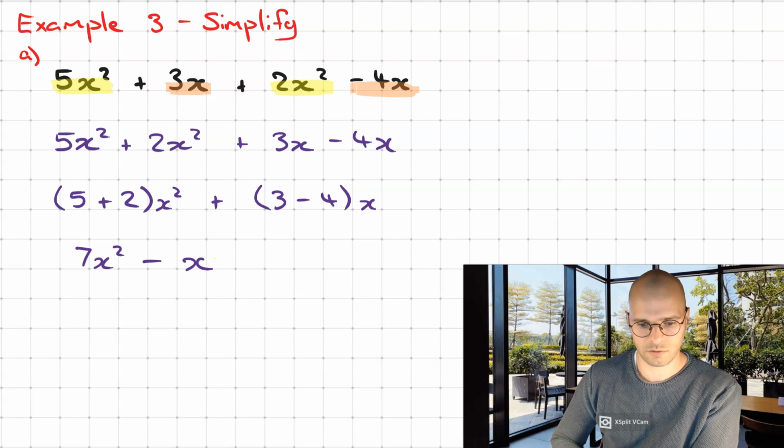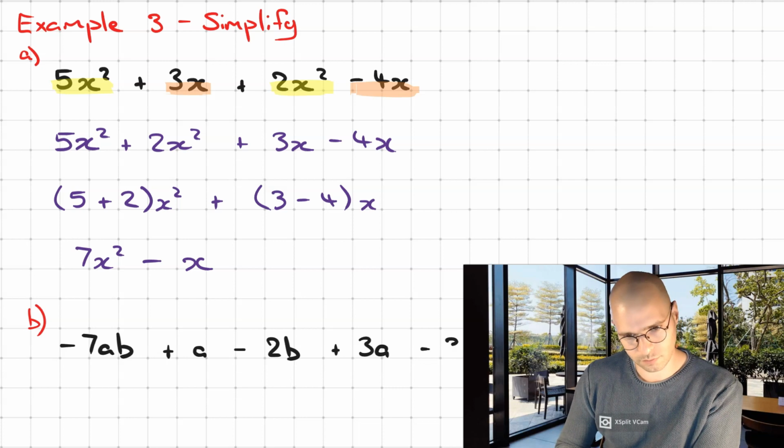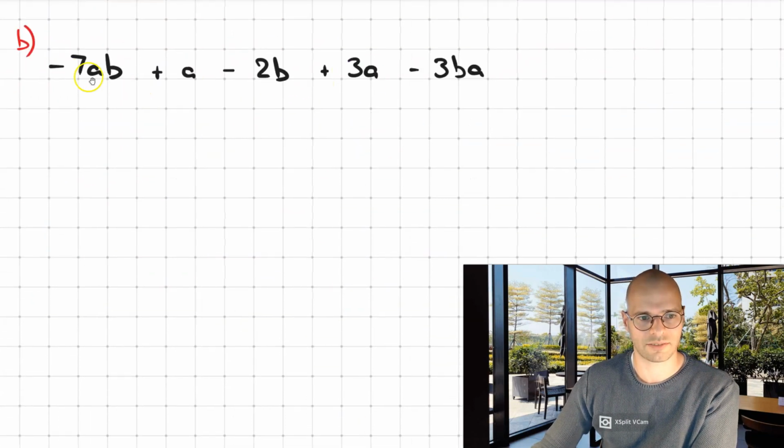Alright, final one, let's go B. We are dealing with 7ab minus 7ab plus a minus 2b plus 3a take 3ba. What we want to do is simplify this expression here. First thing we need to do is it's recommended that you write the variables in alphabetical order.